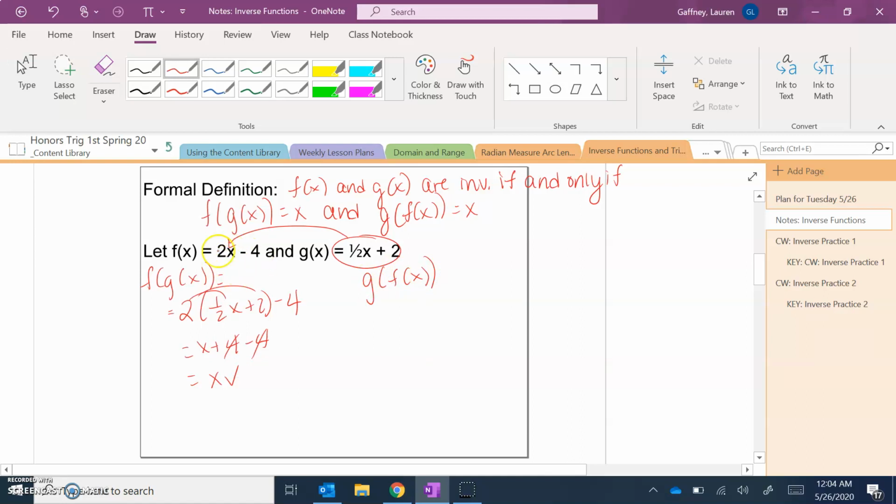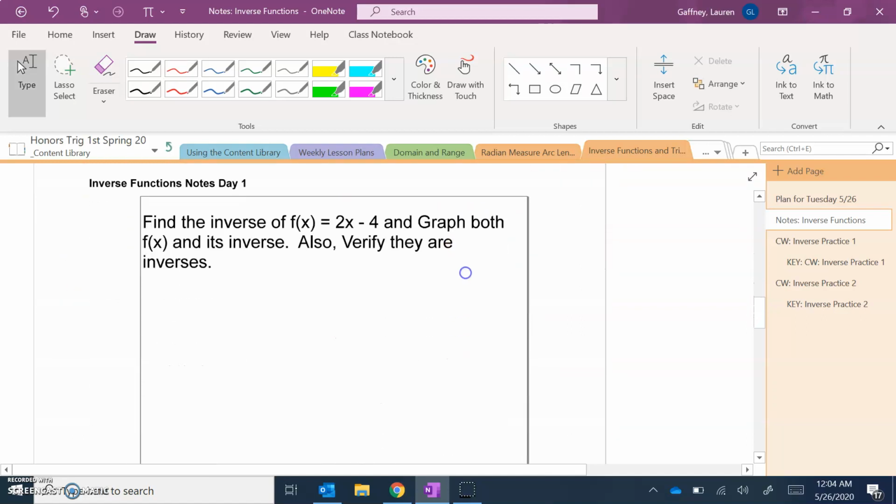Now I'm going to take the f function and plug it in for every x in g. So distribute that. Those two cancel. Fabulous. So those are indeed inverses. If you ever see the word verify that they're inverses, this is how you would do it.